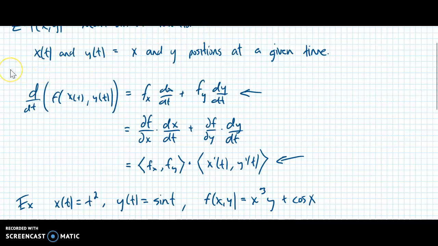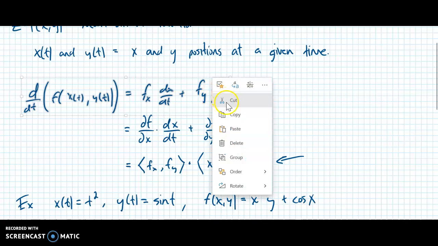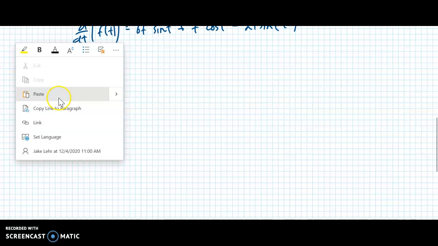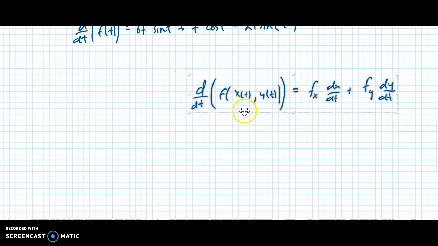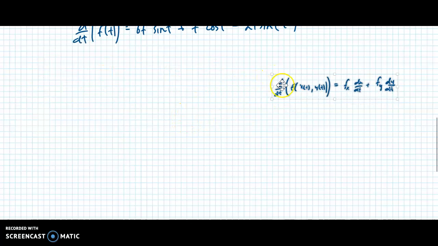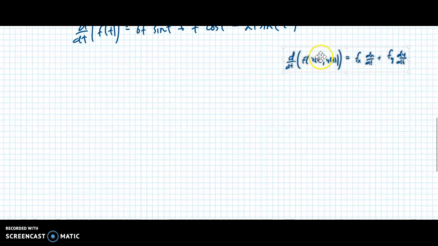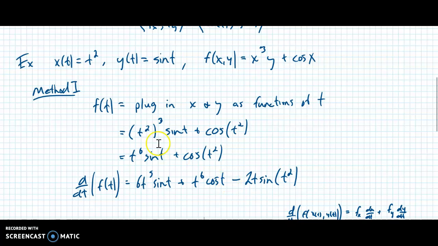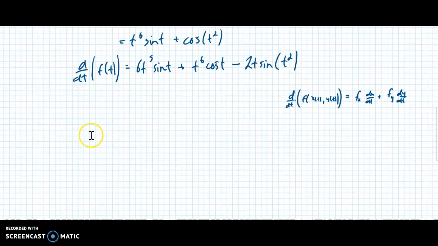So let me copy this and put it down here. Actually, maybe I'll make it small over there as like a side piece. And I'm going to calculate this same thing, but using the chain rule. So let's rewrite some things.